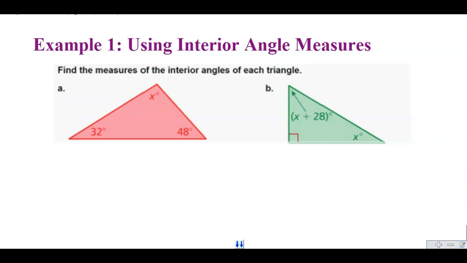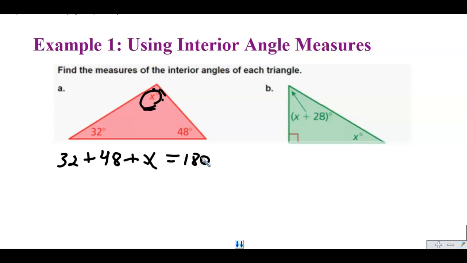Let's take a step further and do an example. Let's start with the interior angles. Like I stated, if I know two angles, I can identify the measure of the third. In A and B here, we need to find the measure of the missing angle. All we need to do is write our equation to identify the missing value. We know that 32, for example, in the first one, plus 48 plus whatever x is, all add up to 180 degrees.